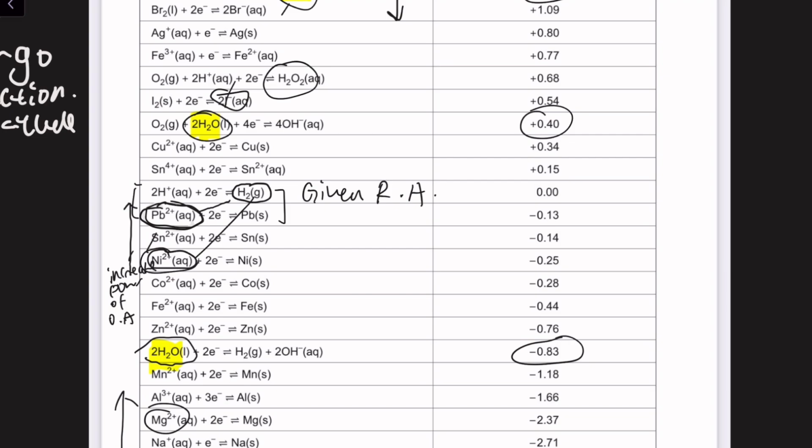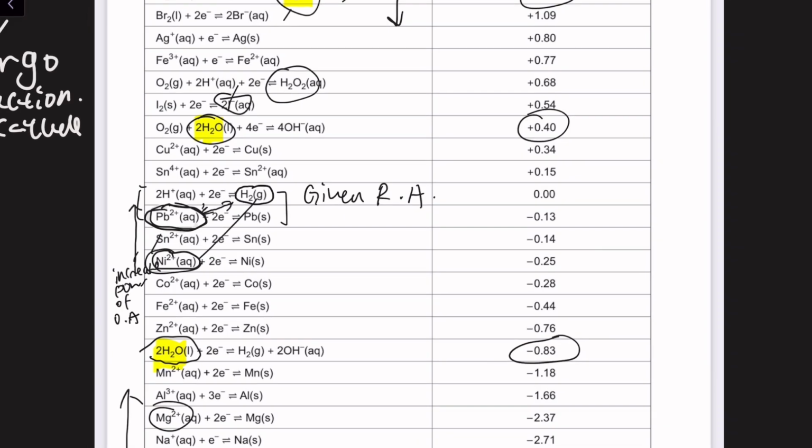Because the lead ion is a more powerful oxidizing agent, relative to nickel ion, it really wants to gain this electron. And for the given strength of reducing agent, the species that really wants to gain electron would be preferentially reacted. That's the reason why the lead ion is preferentially reacted. So when it's closer by, it's easier to react. When they are further away, it's more difficult to react.